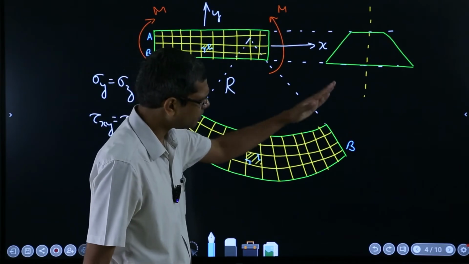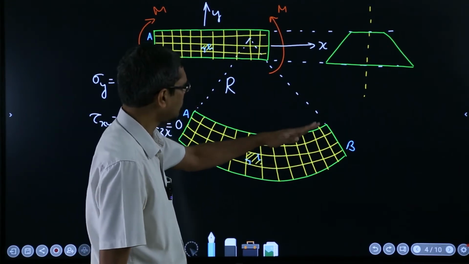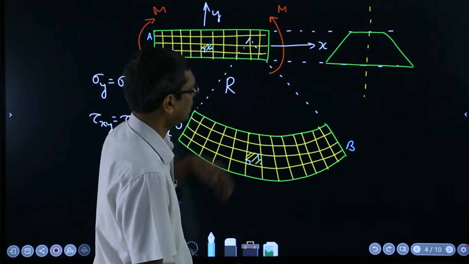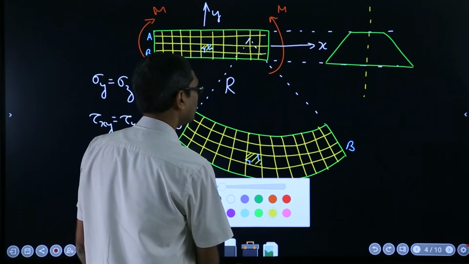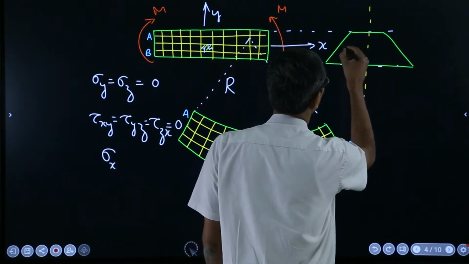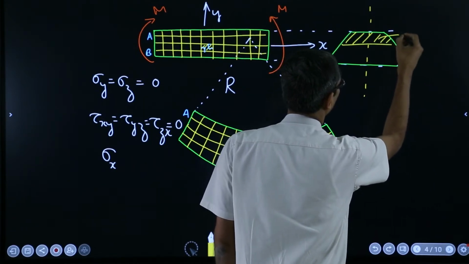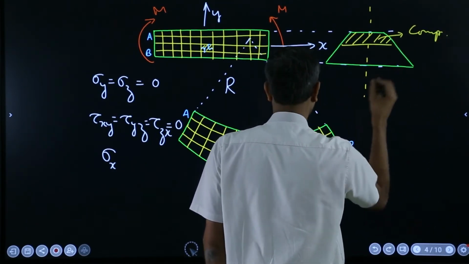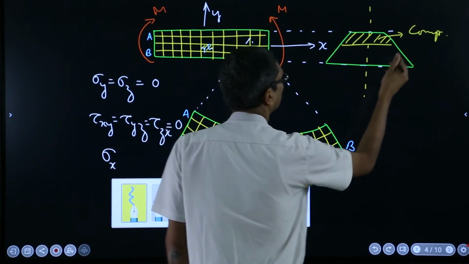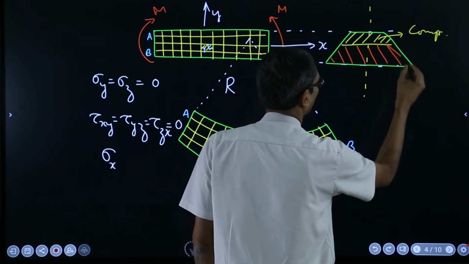But somewhere along this line the transition will happen. So some of the regions, maybe here, are under compression, and these are under maybe tension.